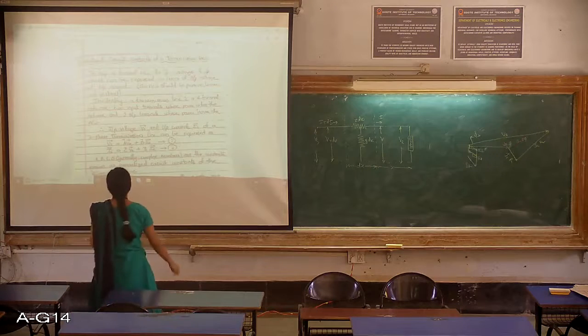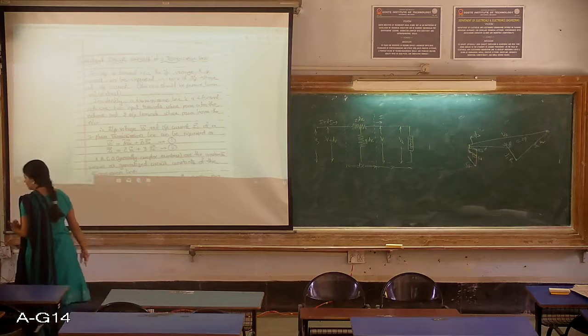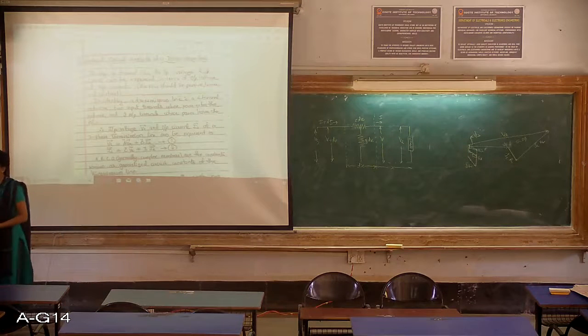In any 4-terminal network, input voltage and input current can be expressed in terms of output voltage and output current. The condition is that your network should be passive, linear and bilateral.